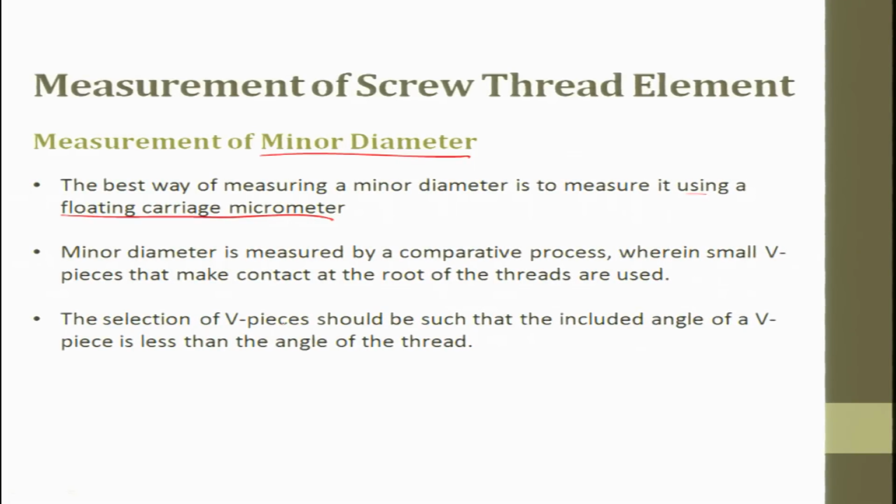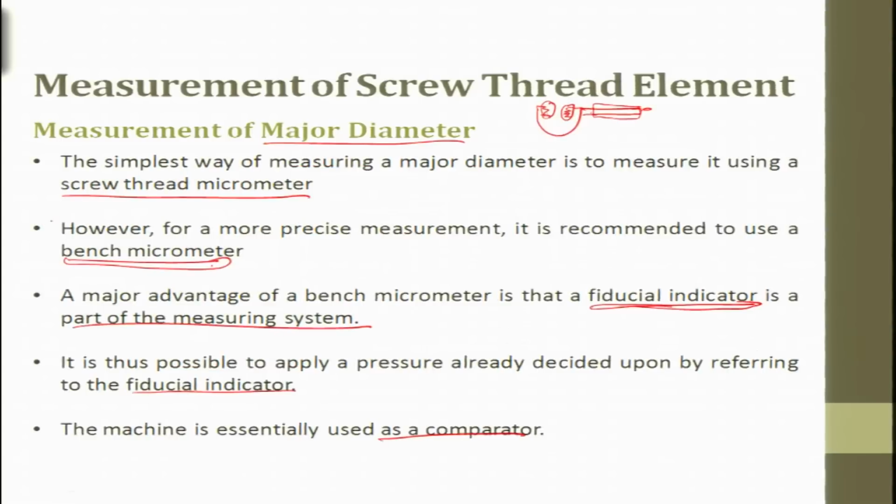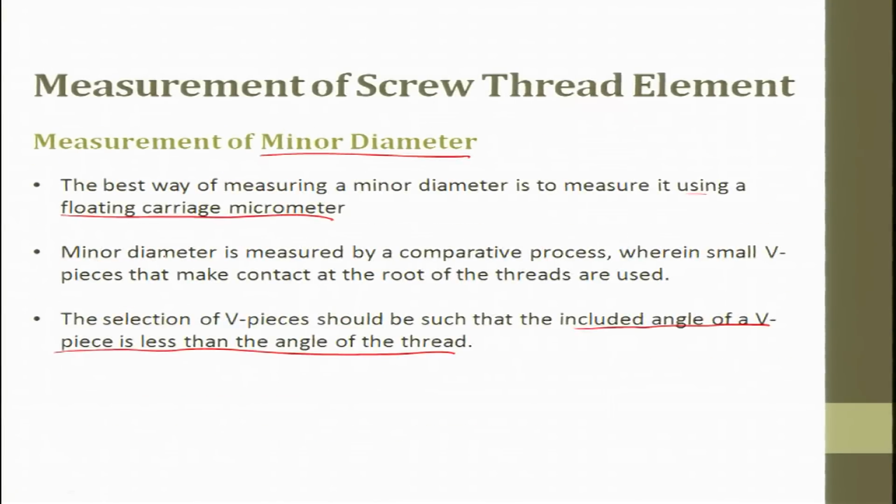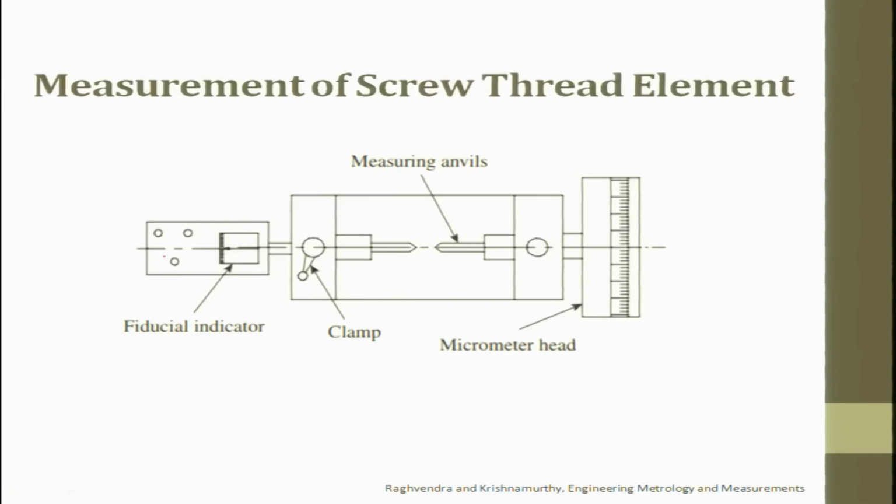The selection of V piece should be such that the included angle of the V piece is less than the angle of the thread. So, major diameter and minor diameter can be measured by the floating carriage micrometer and the bench micrometer. These two are comparating devices. With this, you can measure the major and minor diameter.